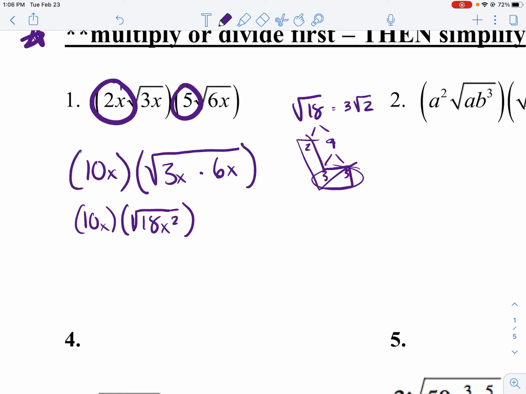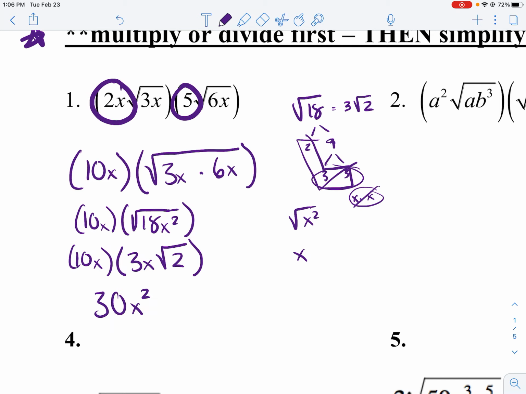Also, when you take the square root of x squared, how many pairs of x's do I have? 1. So you bring an x out and none remaining. So this simplifies to 10x and 3x square root 2. Finally, we can multiply those two pieces on the outside, which gives us 30x squared square root 2.